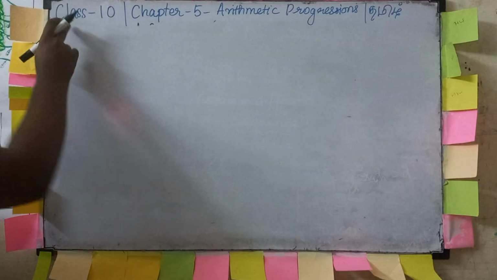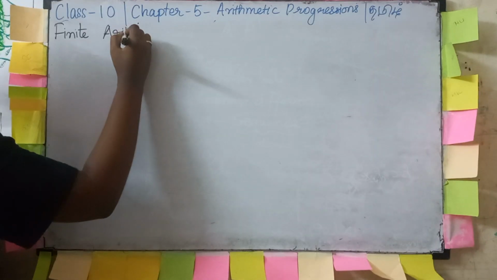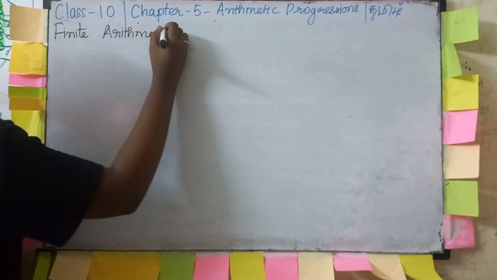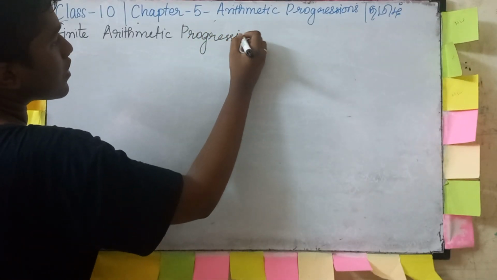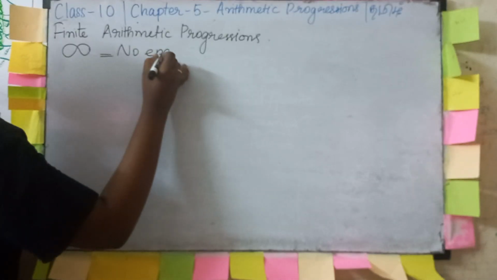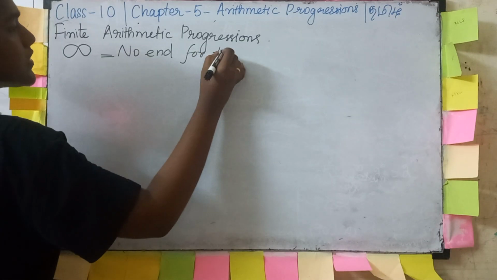Finite arithmetic progressions. So what is finite? We all know what is infinite. There is no end for those numbers.